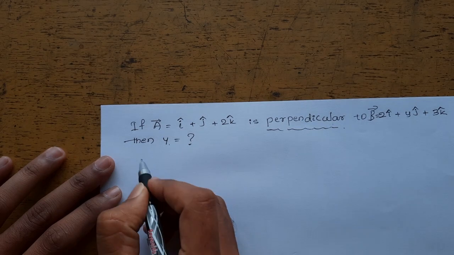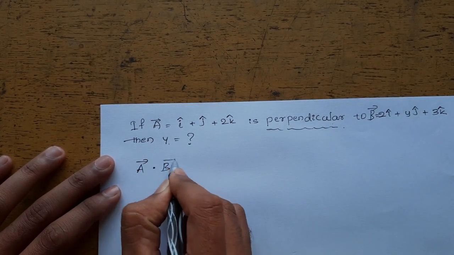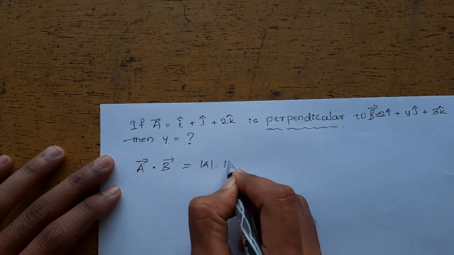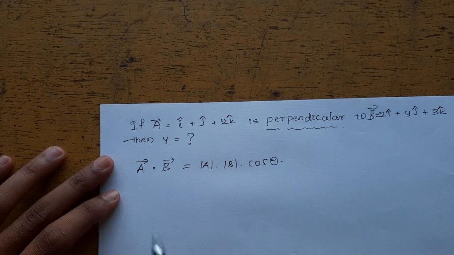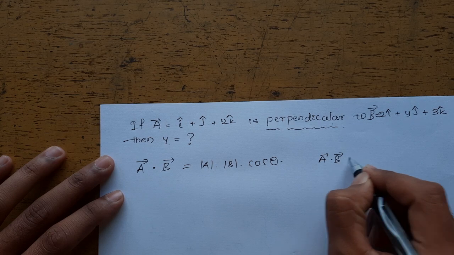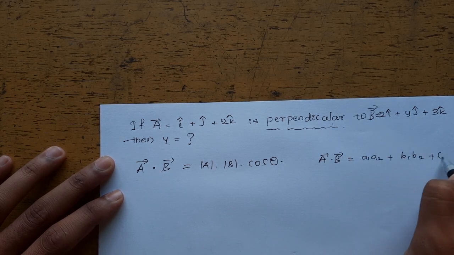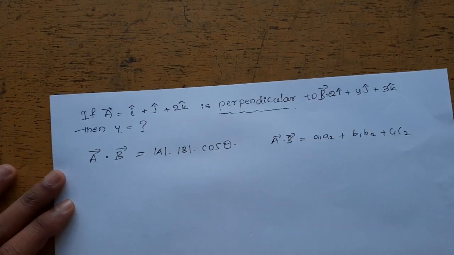So, we have to understand, in the last formula we wrote vector A dot B is equal to magnitude of A into magnitude of B into cos theta. This is the formula, and we know one more formula, that is A1 A2 plus B1 B2 plus C1 C2 for the same process.